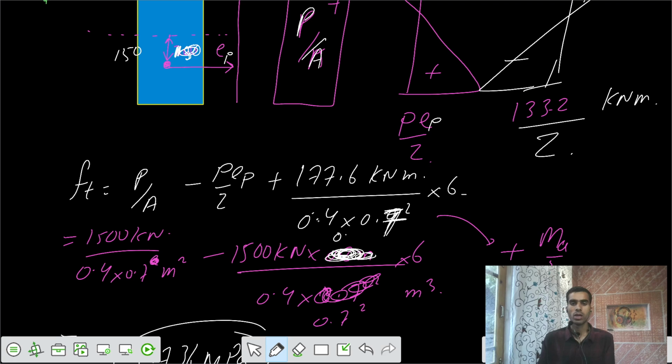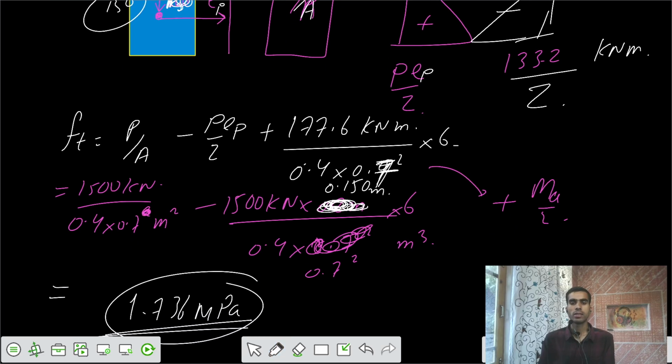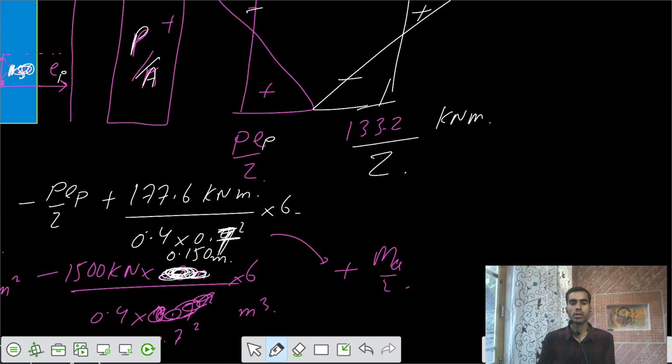So this was your 0.150 meters, eccentricity EP equals 150 millimeters, and the rest of the things is okay. And we need to convert the moment because of the moment at quarter span, which is 133.2, and this is moment 2.